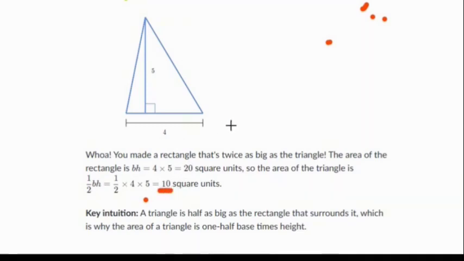So the area of a right-angle triangle is very easy. We just multiply the two sides, the height times the length down here, and then we divide by 2. That is how we find the area of a right-angle triangle. But for a general triangle, we have to use the sine function.